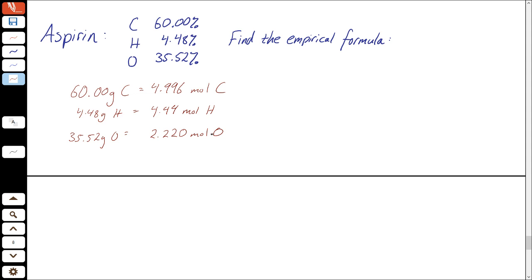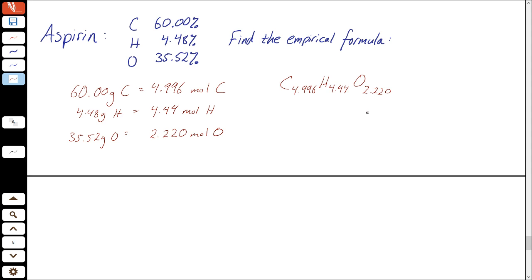So we converted all to moles. We write down a formula: C 4.996, H 4.44, O 2.220. And then we divide by the smallest number, which in this case is 2.220, to try to get a reduced formula.